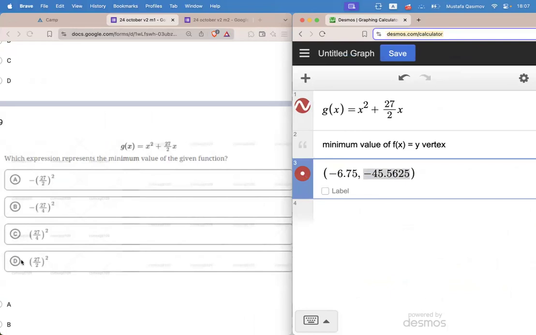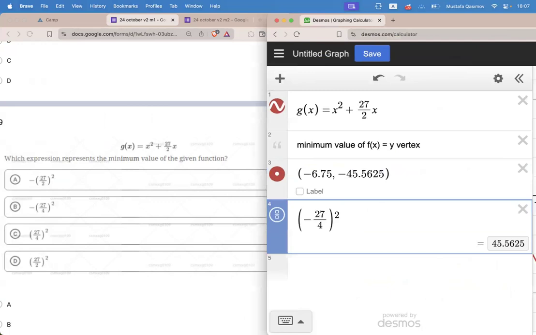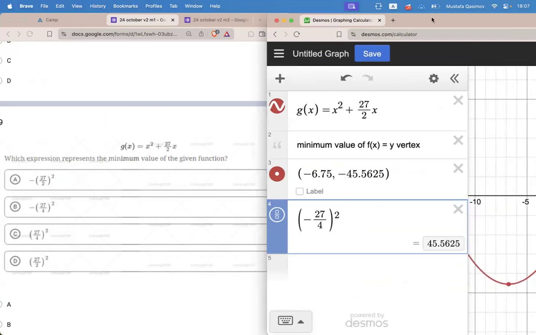Because it's negative, it is not C and D. It will be B. Let's write B here. So you can see that it is B. Any question from here? No question. Okay.